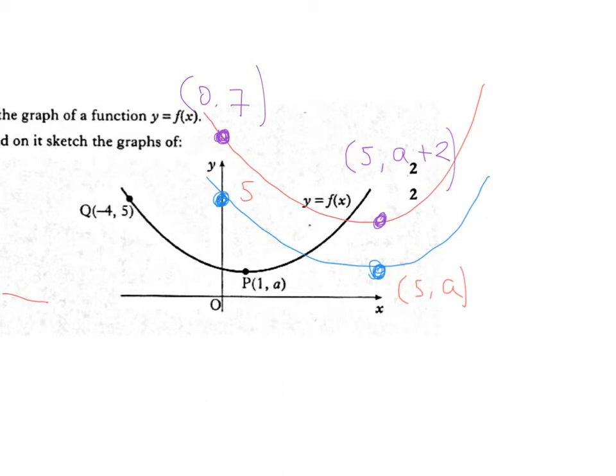And here, 5a becomes 5a plus 2, so you move a up by 2 units, and you would need to write that as an expression, a plus 2, and that's the final answer to the question.